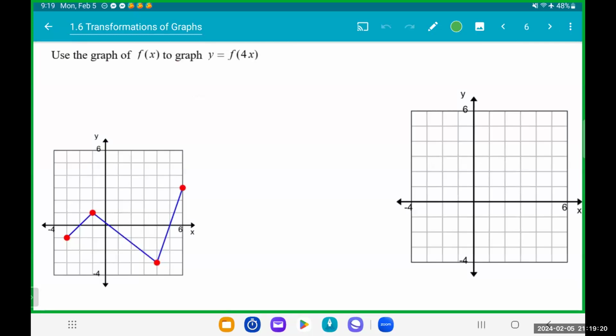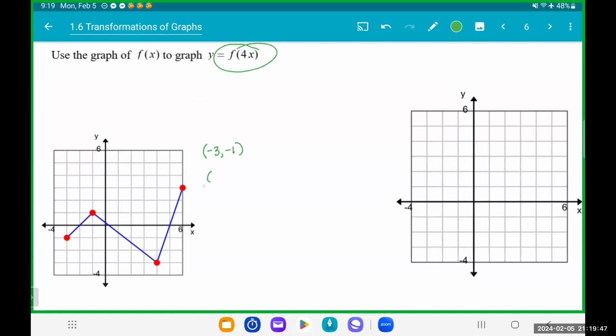Okay. So now I want to look at the graph. If I have this graph and I want to transform it by 4x, like we have up here, how do we do that? First of all, let's write all these points. We have the point -3, -1.